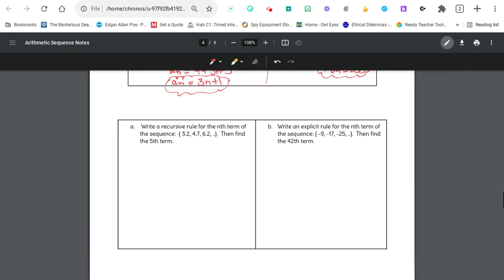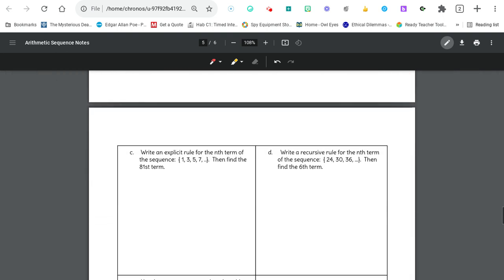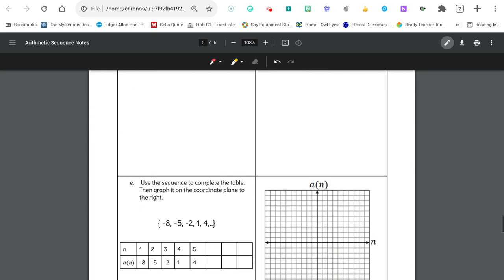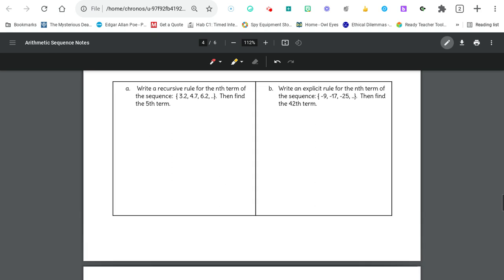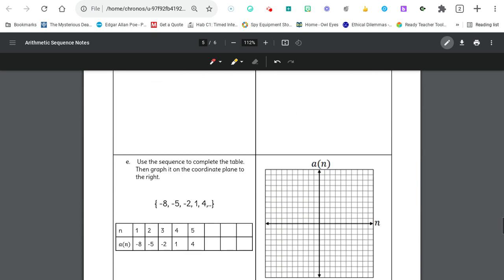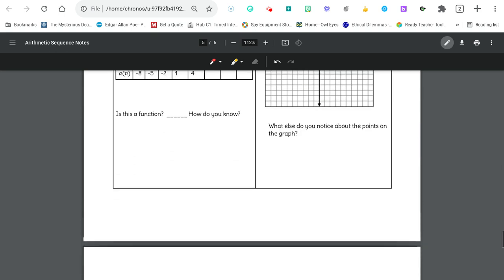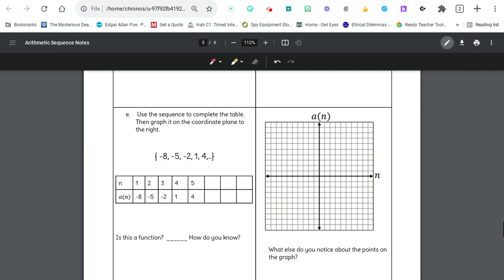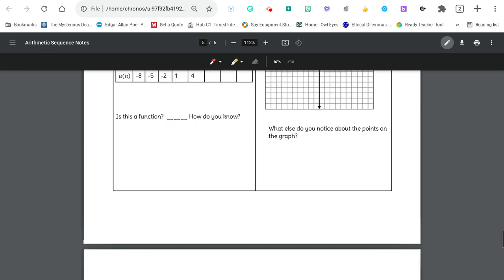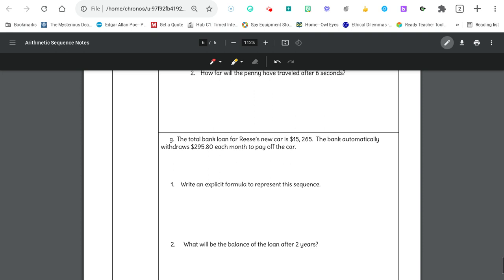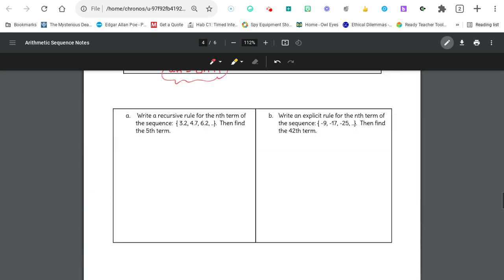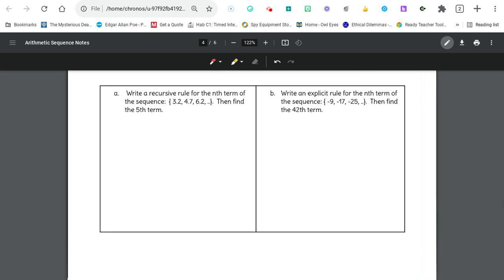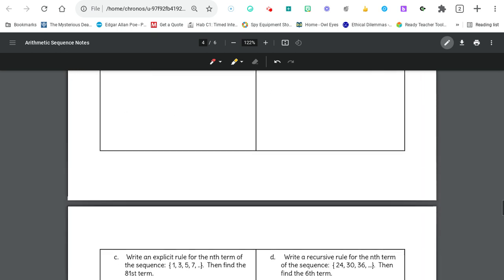All right, you're going to pause the video and work with a partner on A, B, C, and D. And then we'll unpause the video and look at E, F, and G. But I will have the answers to A, B, C, and D also posted, okay?